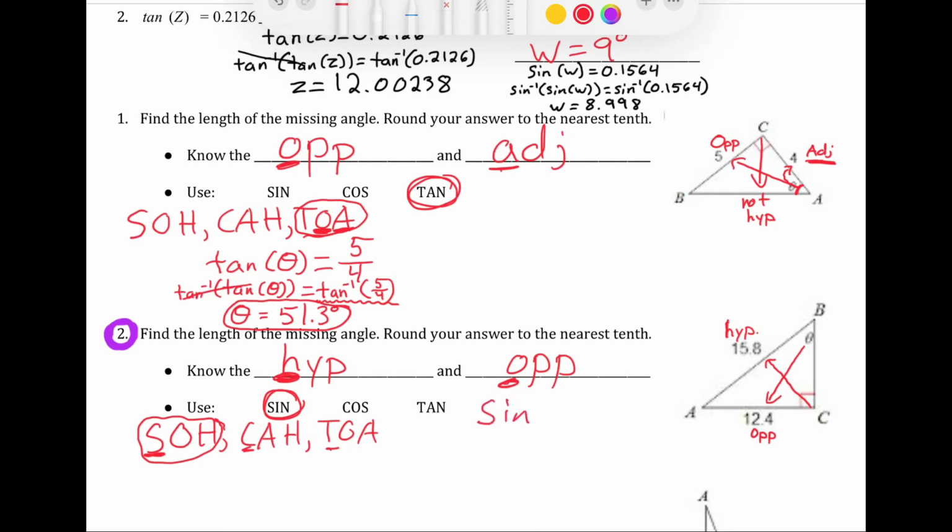We're going to do sine of the angle that was given, which was theta. Theta is just a variable, if you did not remember that from the previous lesson. Theta is just a known variable that is used for angle measurements. Now for sine, opposite comes first, so our opposite side was 12.4, and our hypotenuse is second in the saying, so we have over 15.8.